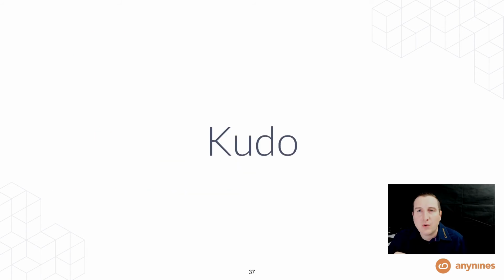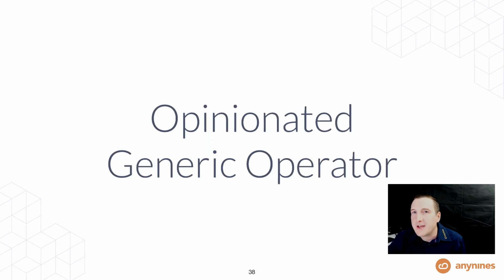There are also other abstractions or other tools emerging to build operators. One example is Kudo, which is a generic operator, very opinionated. So while let's say the Operator SDK is more like Ruby Sinatra, then Kudo is more like Rails. It's not a particularly accurate comparison, but yeah, forgive me that.